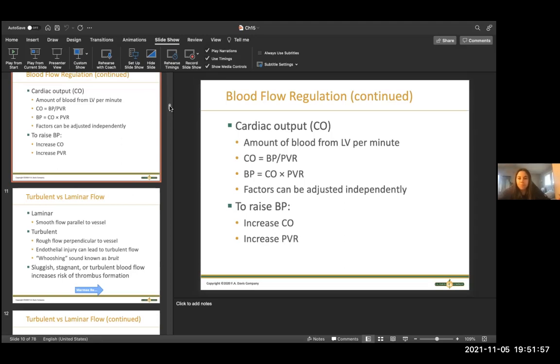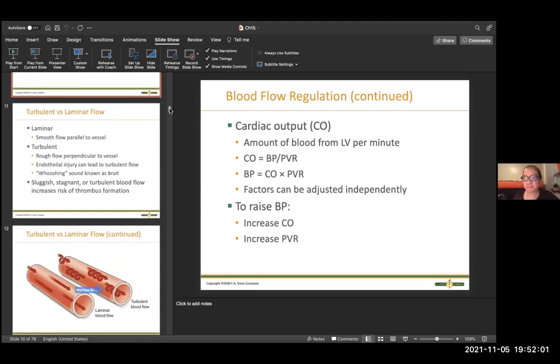So why would it have an increase in cardiac output? Because the heart is pumping hard. It's giving a lot of cardiac output to enter what? That little passageway that is constricted. Yes, now you understand.